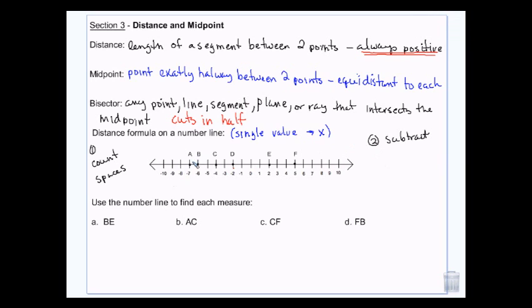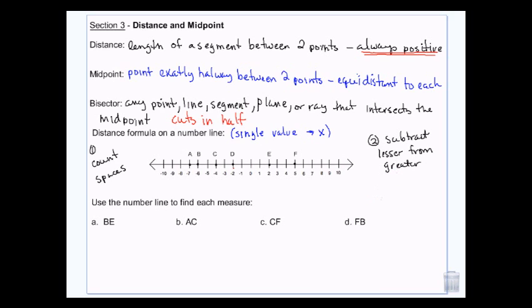If you count the spaces, it doesn't matter which direction you go, you're just counting spaces. But if you subtract, you want to subtract the lesser from the greater. That way you make sure that you get the right sign.